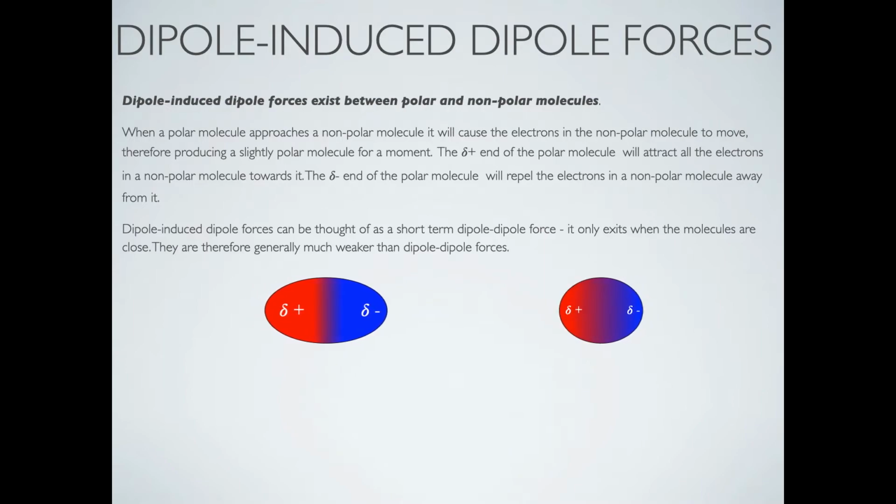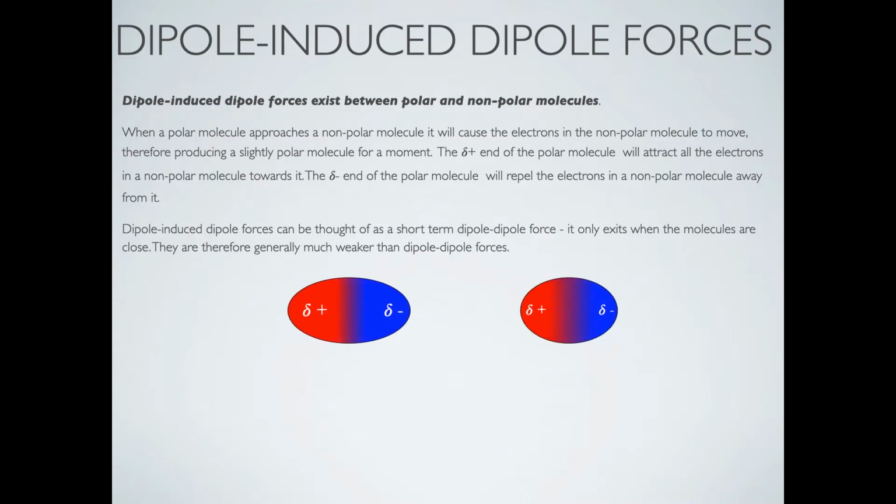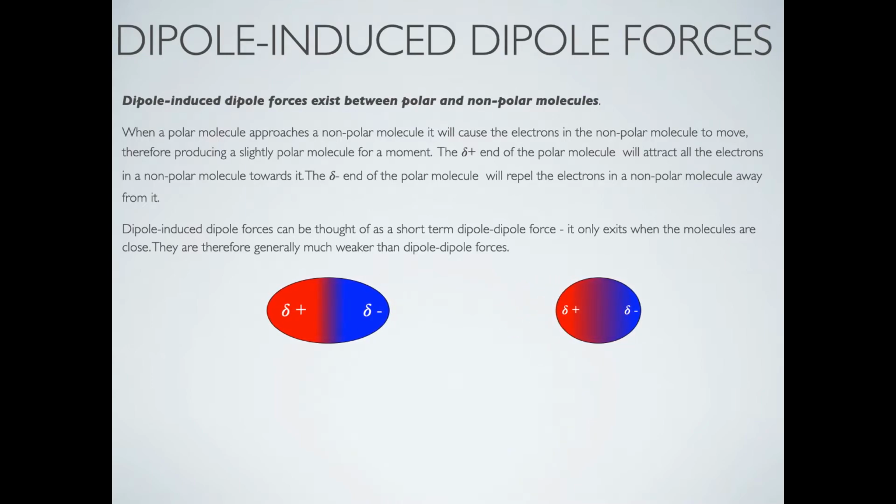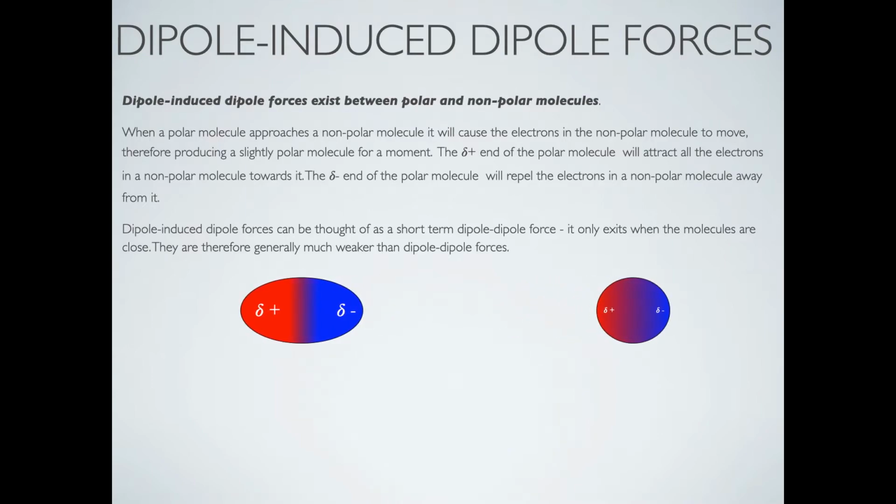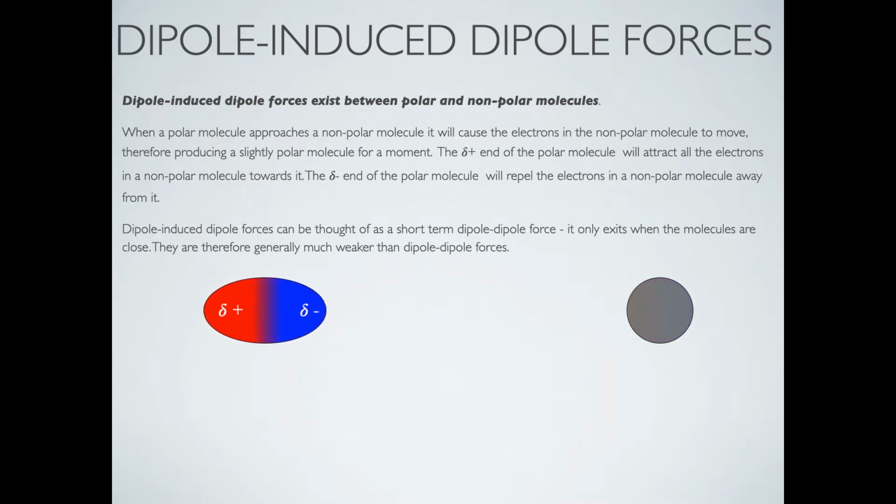All right, what we're doing here is, before we had an ion inducing a non-polar molecule to become polar. What can also happen is you can have a polar molecule interacting with a non-polar molecule, and when it gets close, it's enough to make the non-polar into a polar. A lot of words here, okay?